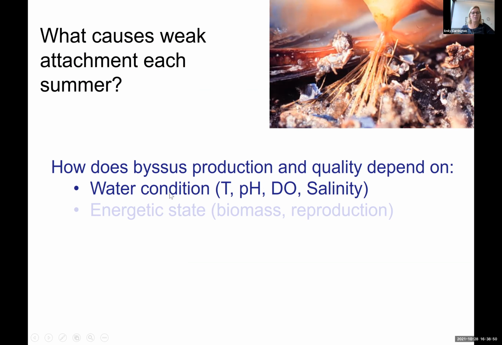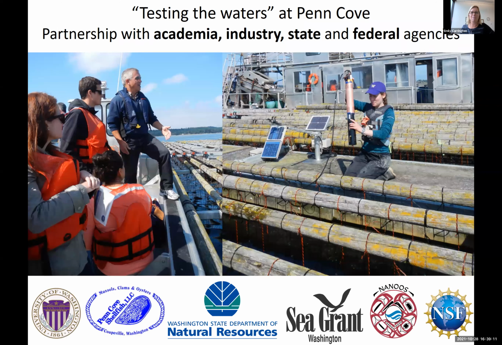But I want to go back to this initial idea where there's something about the water condition that affects byssal thread production and quality. We have a bunch of lab experiments that say temperature matters, pH matters, and dissolved oxygen matters. Not so much with salinity. But I wanted to ask, when did they ever see these conditions?